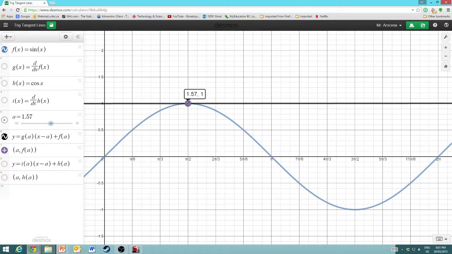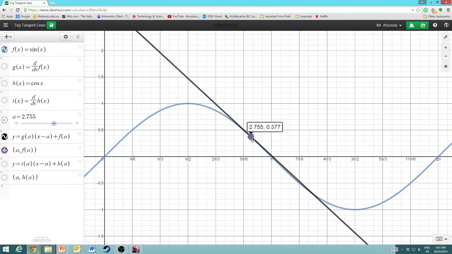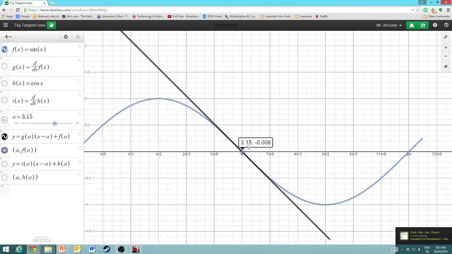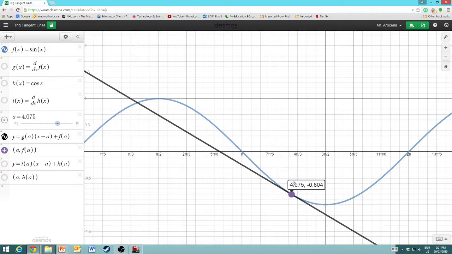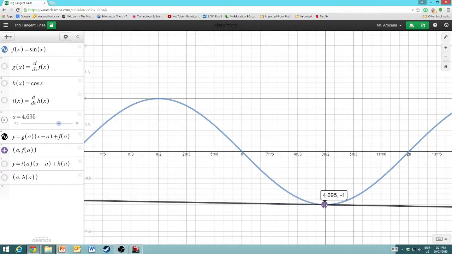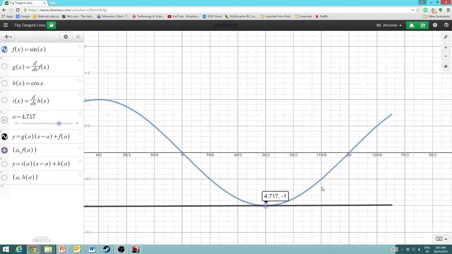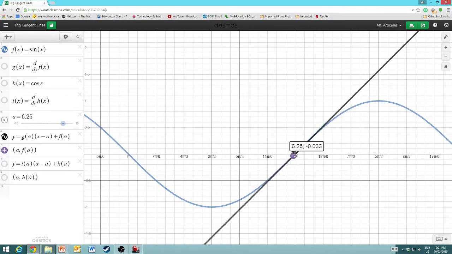As we get closer to pi, the slope of this tangent line looks to be about negative 1. We'll continue on at 3 pi over 2, where our slope looks to be about 0, and then at 2 pi, it looks to be about 1 again. That's really neat.